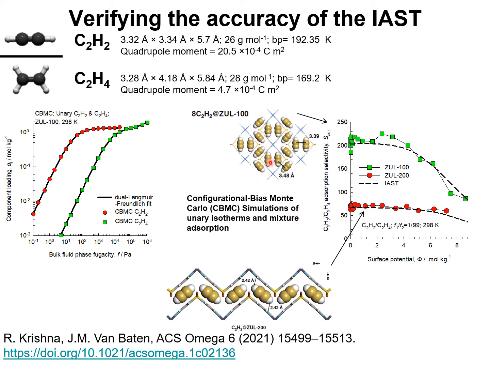The packing of ethine is more efficient within ZUL-100, and this results in a higher adsorption selectivity by a factor of 4 in relation to the selectivity for ZUL-200.